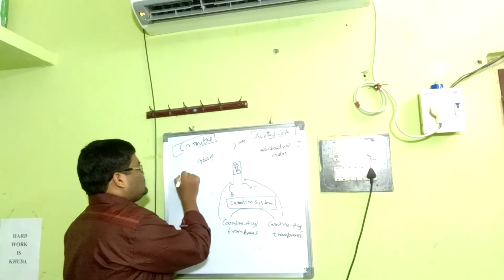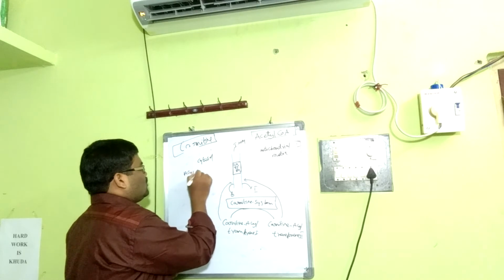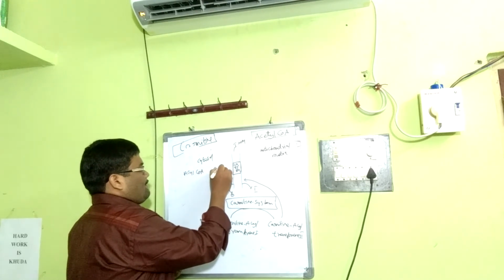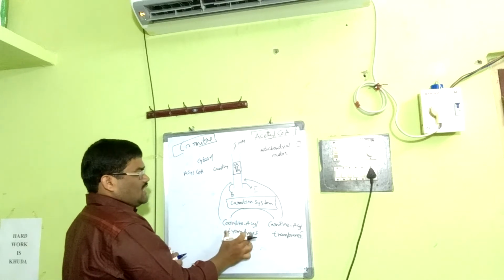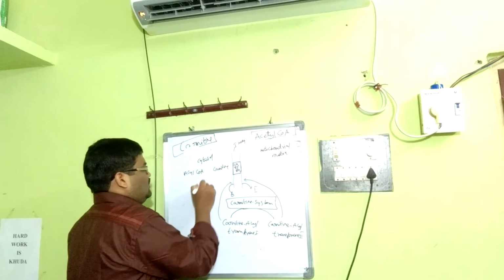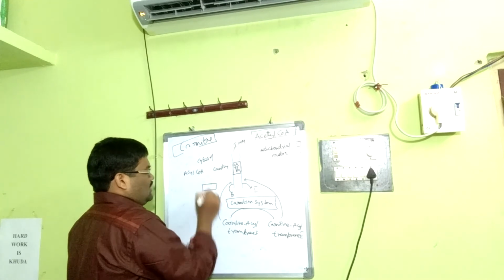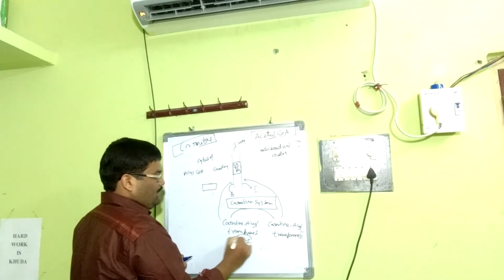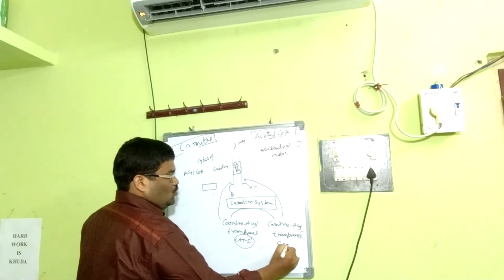For example, we have acyl coenzyme A. This is carnitine. This enzyme should transfer the acyl group from acyl coenzyme A to carnitine. Simply I am writing this enzyme as CAT1, and this is CAT2.